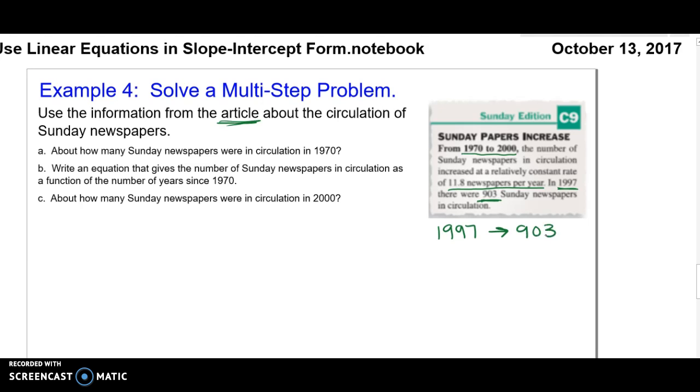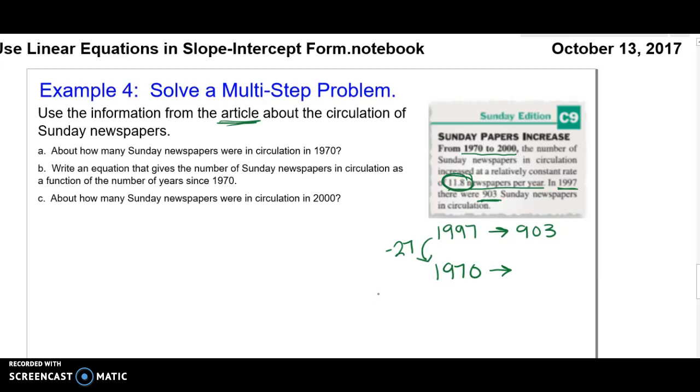Our first question asks us how many Sunday newspapers were in circulation in 1970. So 1970 is 27 years before 1997. We are trying to figure out how many newspapers are here. Well, we know that it's at a constant rate of 11.8.